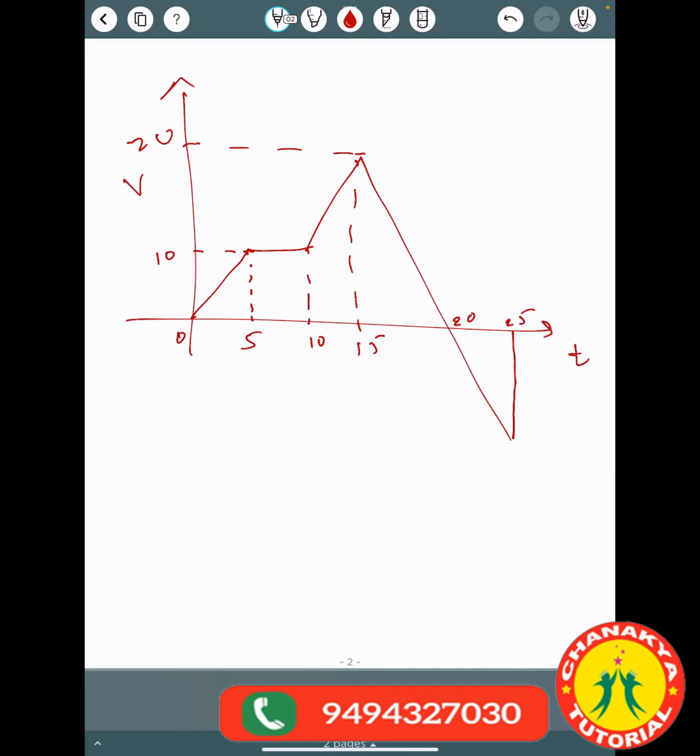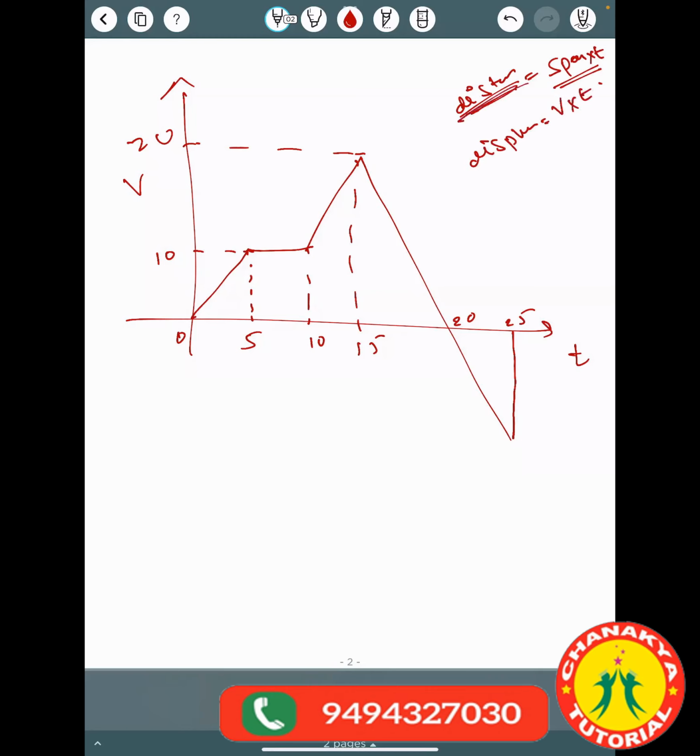From the v-t graph shown, the ratio of distance to displacement in 25 seconds of motion is? See, what is distance? Distance is nothing but speed into time, correct? Yes, sir. Displacement is nothing but velocity into time, correct?